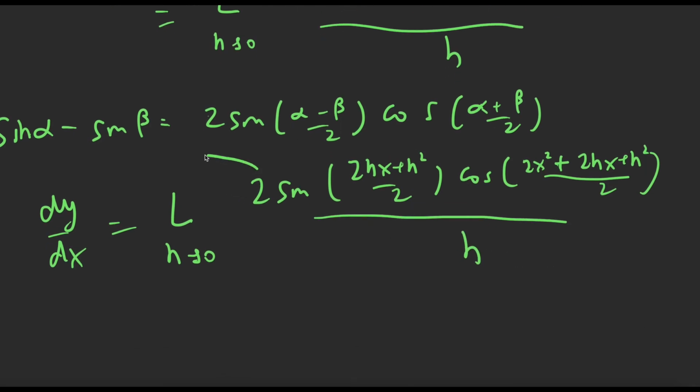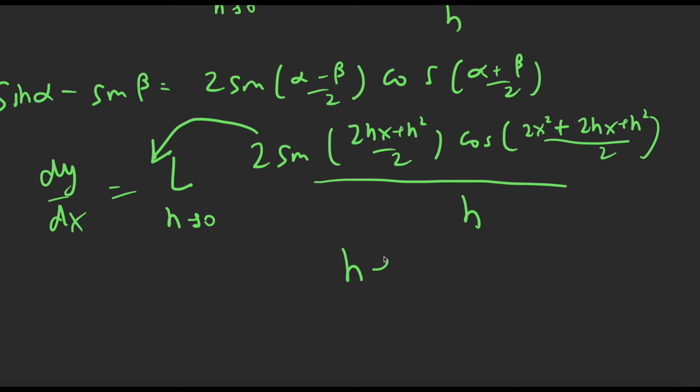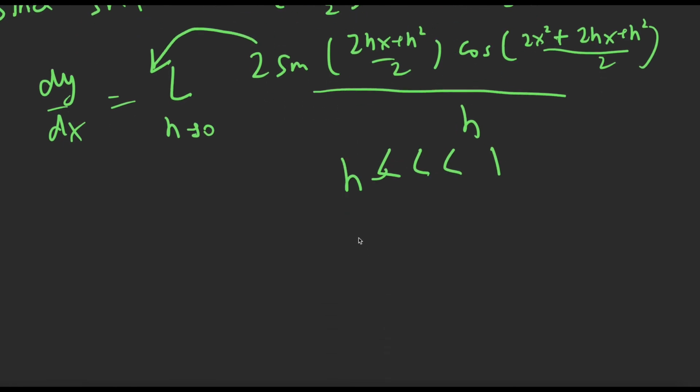Well, we can take this 2 out. And if you see h square, if h is very small, h is almost 0, right? So h square will basically be 0, like it's completely negligible in comparison to h or x. H square is completely negligible, so we can take h square to be equal to 0, right?